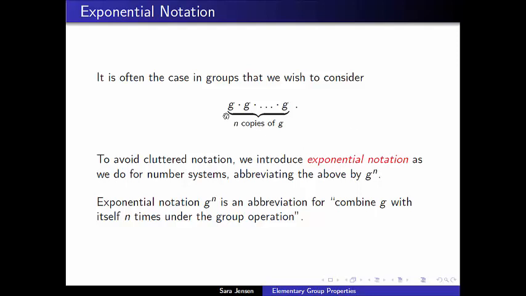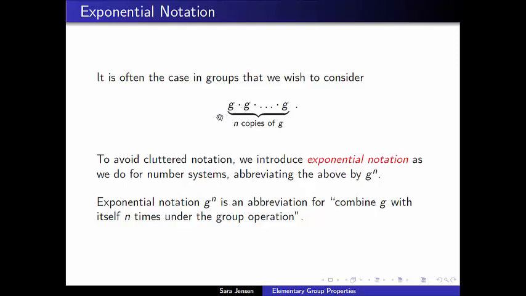So if we have an element G and we would like to combine it with itself n times under the group operation that we're working with, we will abbreviate that as G to the n, just like we would in a real number system. And that's what this definition is going to be.